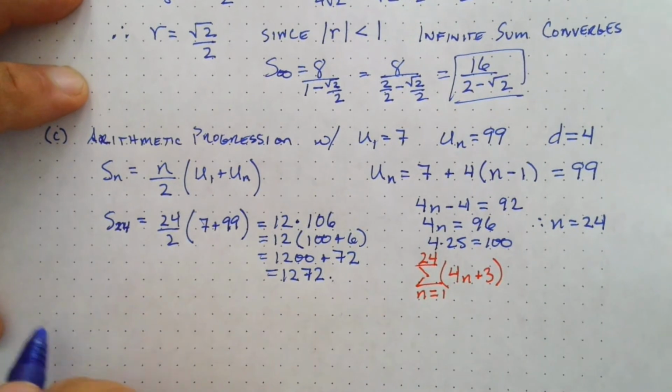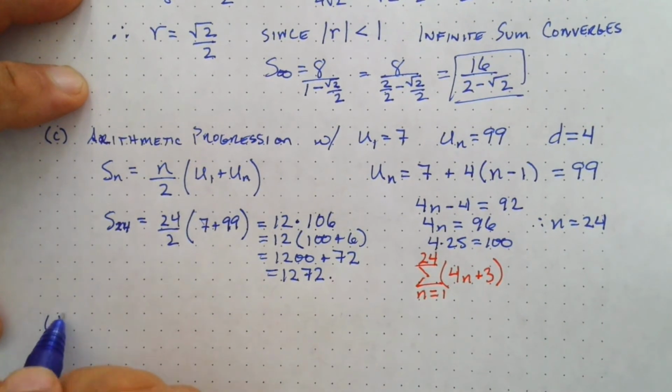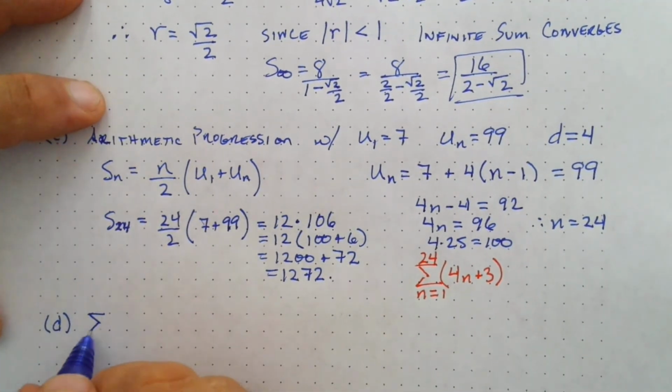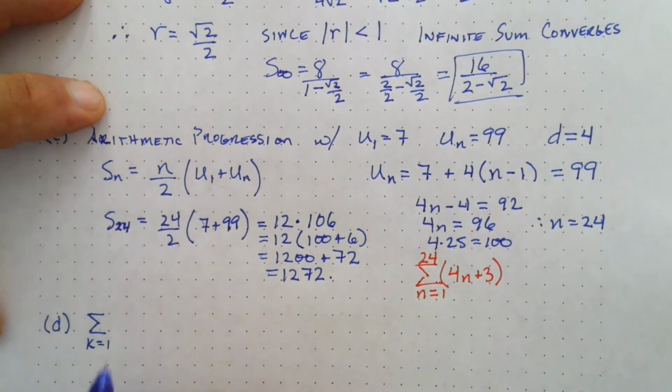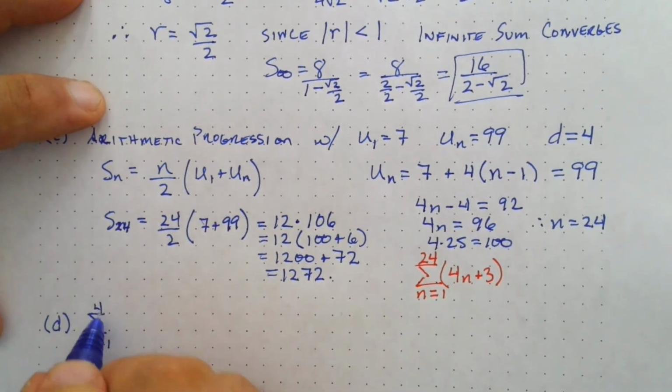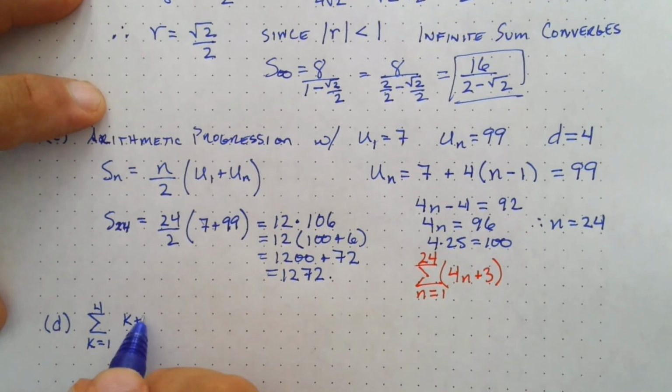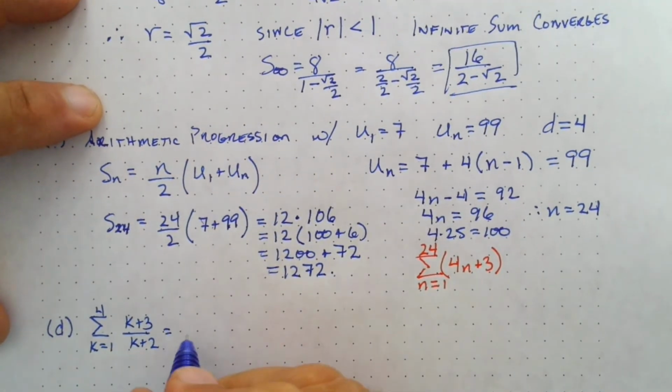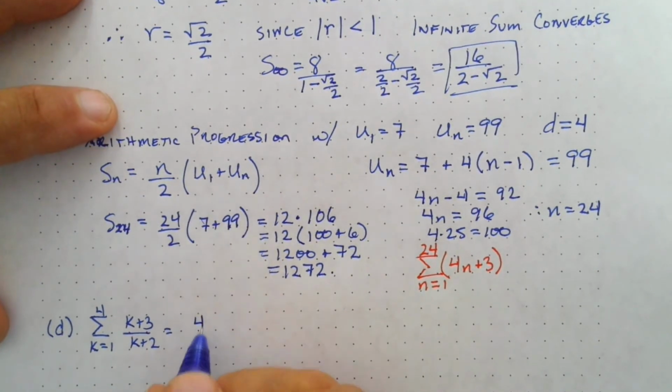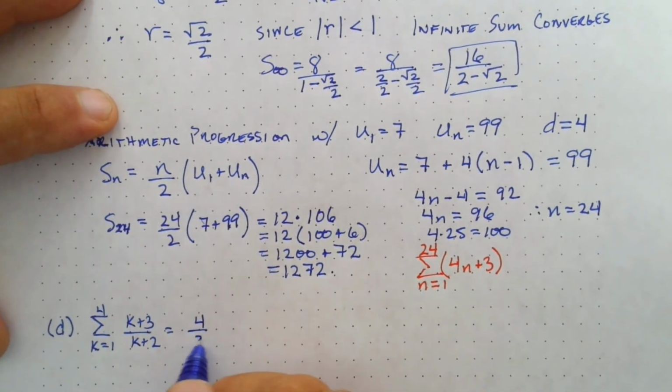Okay. So for D, we have a summation from k equals 1 to 4 of k plus 3 over k plus 2, which would be, starting at 1, that's going to be 4 over 3.